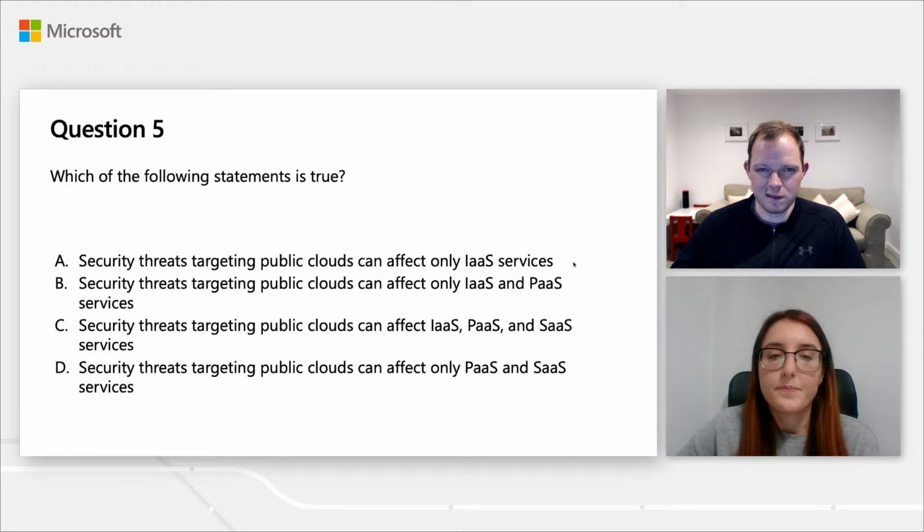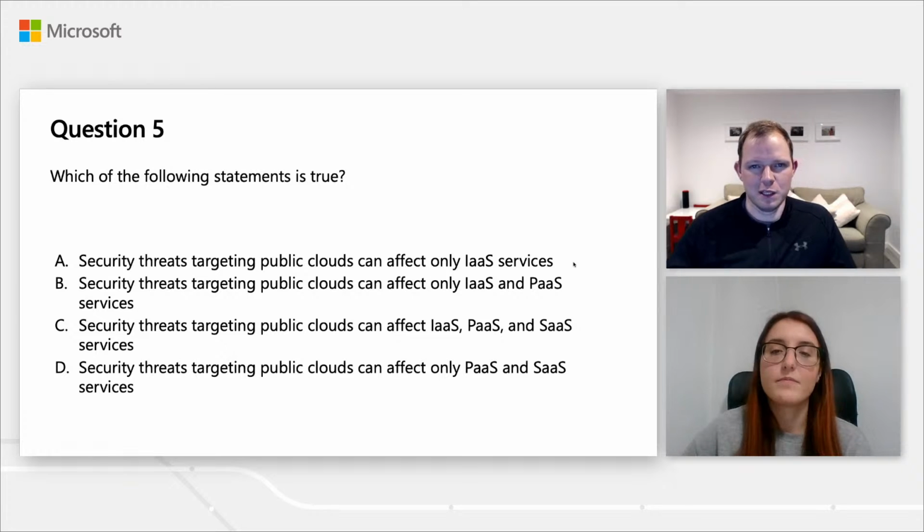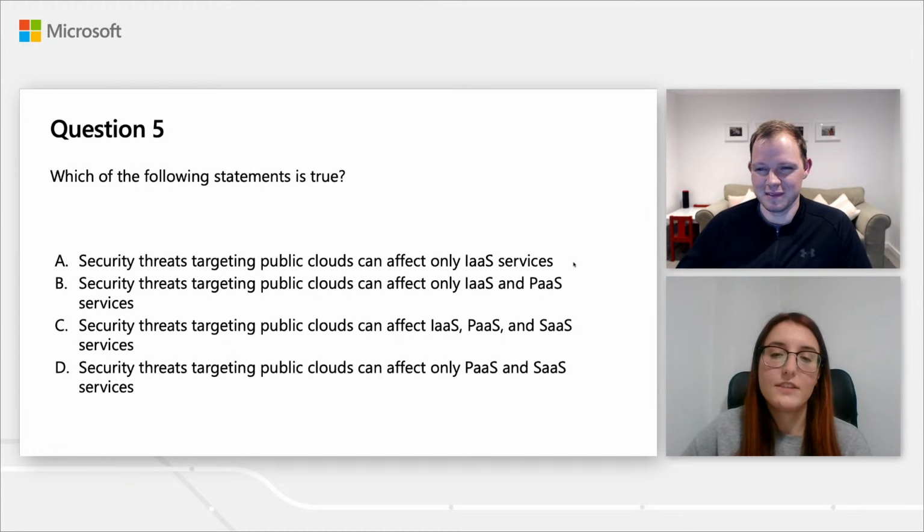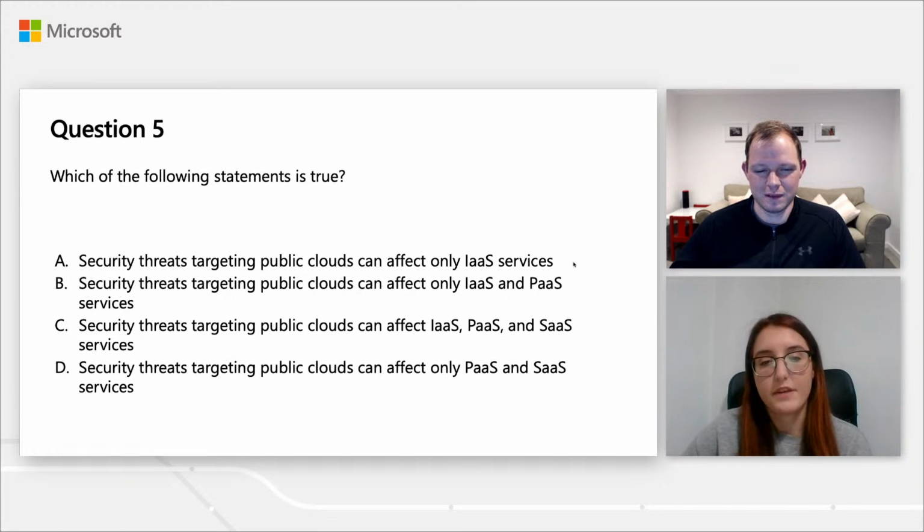So we spoke about this one as well, didn't we? I think I mentioned it before we moved into the threats. Yes, you mentioned it, and if I remember right, you said that all kinds of services are affected.